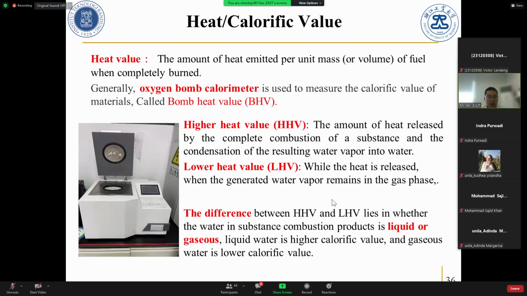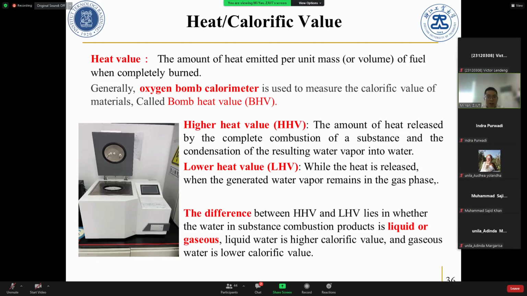And of course, we have to detect the heat value. The heat value means the amount of heat emitted per unit mass of combustion, right? Generally, we use the oxygen bomb calorimeter to measure the heat value of the MSW, or we can just name it as BHV.